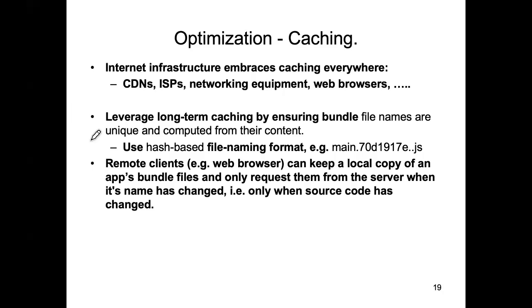We don't have to care about how it computes that. It's just that it does. The fact that part of the file name is a hash computed from the contents of the file becomes very useful to us and to the browser in order to control caching.